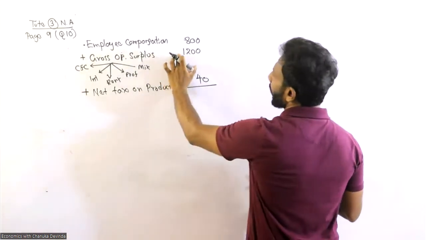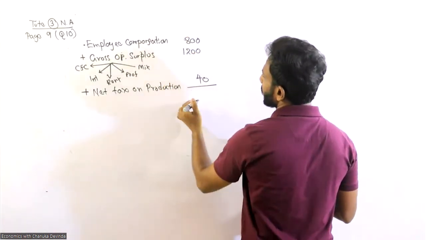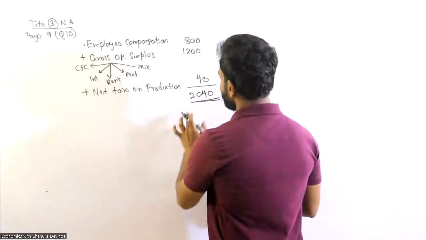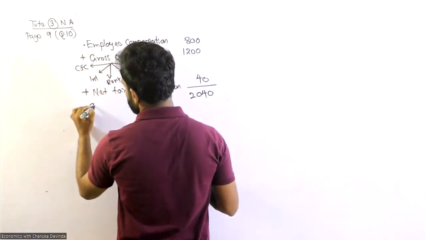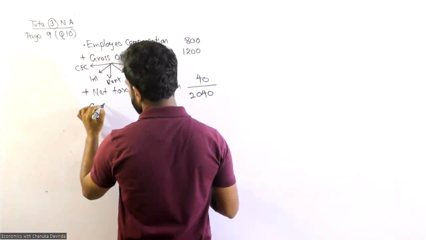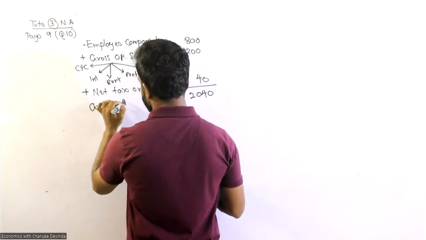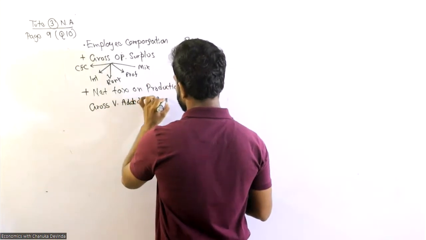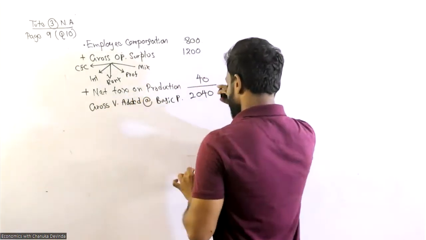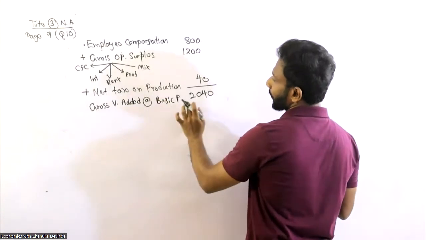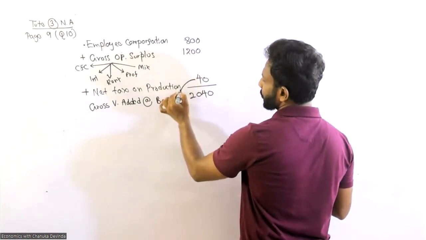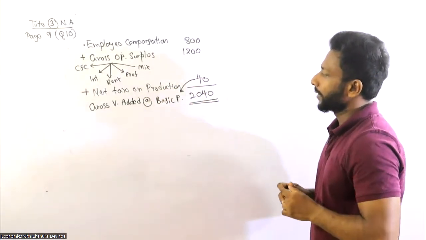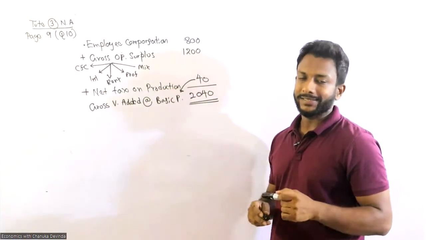Now 1200 plus 800 plus 40, 2040. What is this value? This is gross value added at basic price. So in the basic price, it includes tax on production, right? So this is the value. Now, what's the next question?